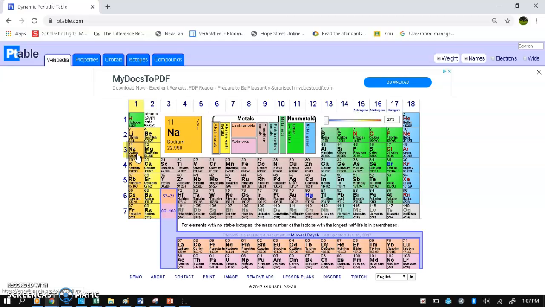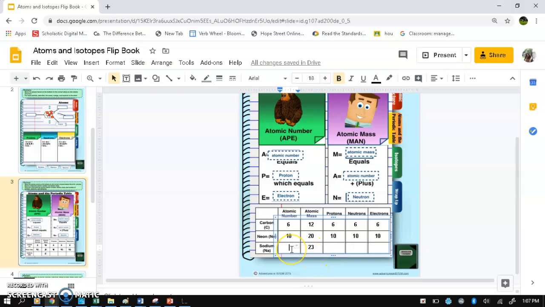Okay? Na. All right? So its atomic number is 11. Protons are always 11 for sodium. And in this case, they're neutrally charged, so it's 11. Okay, to get the number of neutrons, what number plus 11 equals 23? So you're basically going to subtract those two, and that is 12.